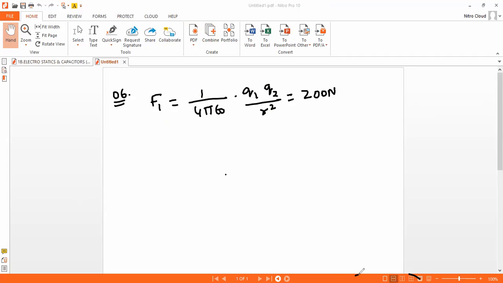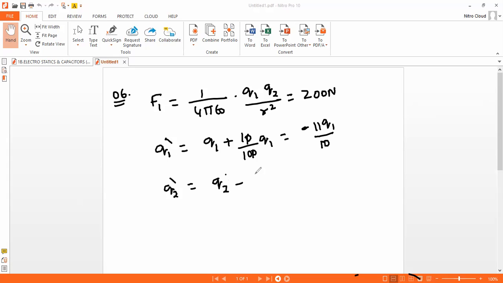Now, 10% is increased. So q1 plus 10 by 100 into q1, we'll get 11 q1 by 10. Another one is decreased by 10%, that is q2 minus 10 by 100 into q2, we'll get 9 q2 by 10.